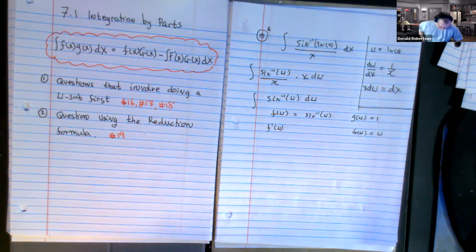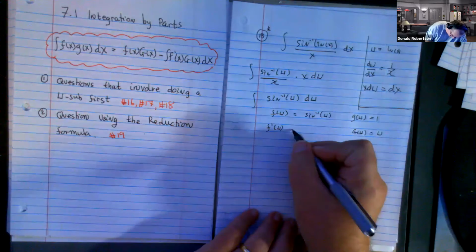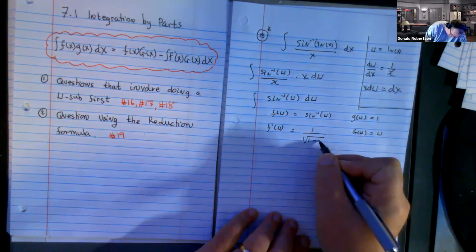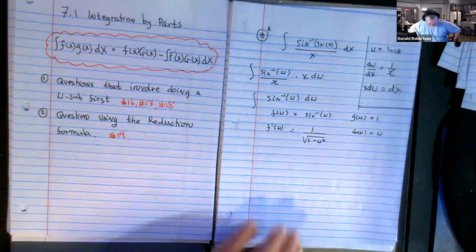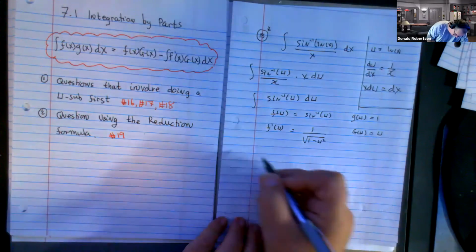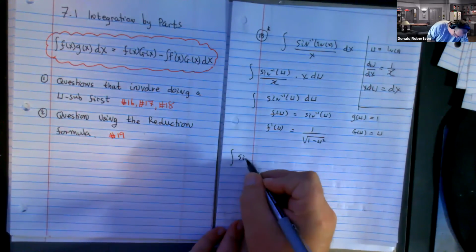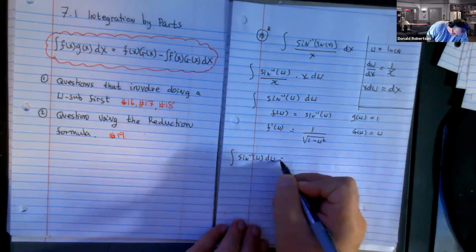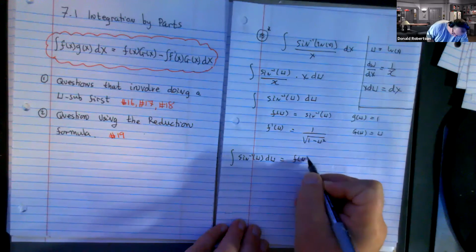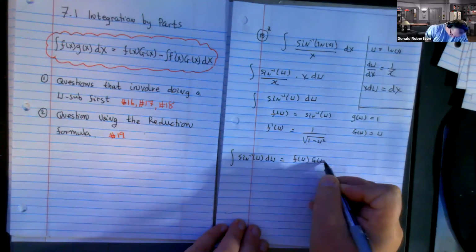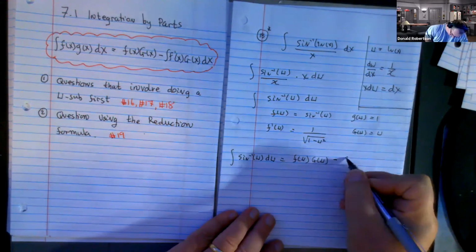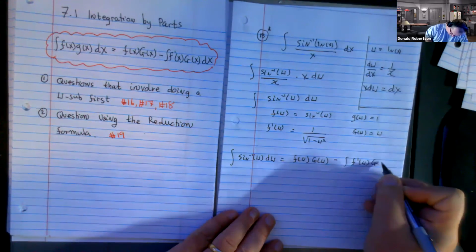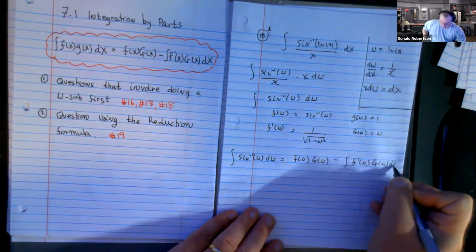And that was the same situation. And I do remember doing an inverse sine of some kind. It might have been inverse cosine, but there's the derivative of the inverse sine. So this guy is going to be f of u, capital G of u, take away the integral of f dash du, capital G of u, du.